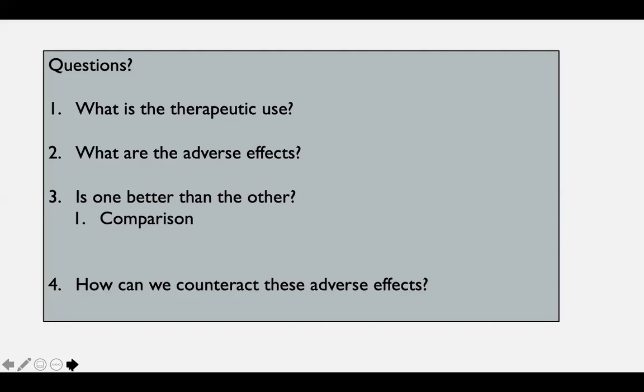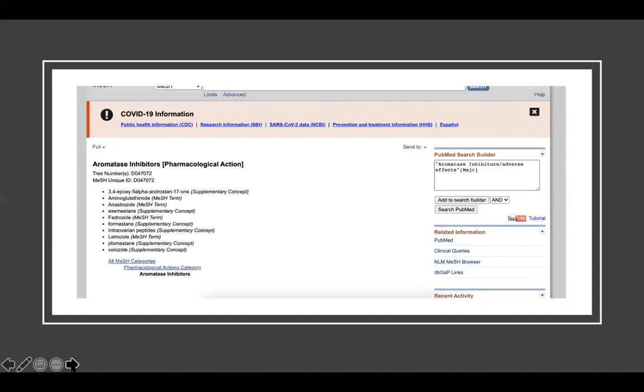Okay. Not to confuse you, but when we're talking about the drug databases such as aromatase inhibitors, mesh also allows you to search for an area called pharmacological action. And you will see this when you search a drug category such as aromatase inhibitors.